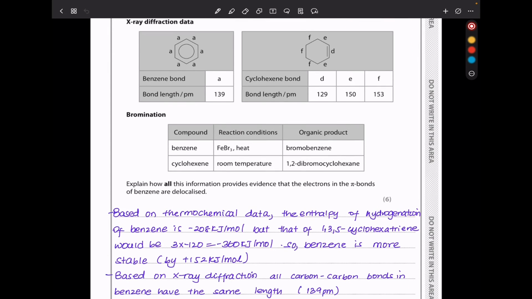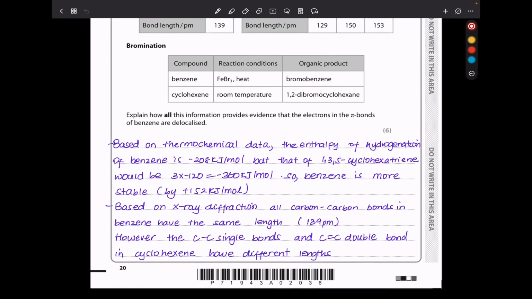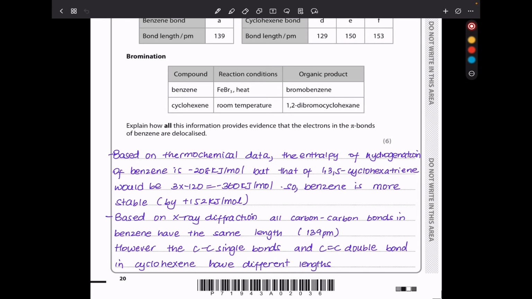Then from bromination, we can see for benzene, we'll need a halogen carrier, and then bromobenzene is going to be formed. For cyclohexene, there is no heating, just room temperature, and we form 1,2-dibromocyclohexane. So here they say explain how all this information provides evidence that the electrons in the pi bond of benzene are delocalized.